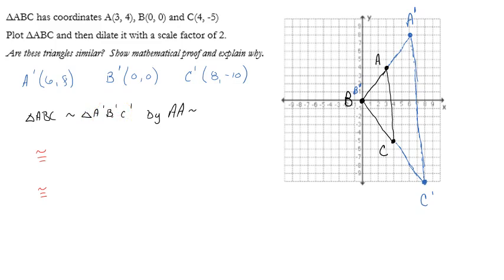One of those angle pairs is relatively easy if we can recognize it, and that's they both have this angle, angle B or angle B prime. So I like to state that angle B is congruent to angle B prime and state why. Just like in our proof unit, we have to understand why that's true, by the reflexive property. They are the exact same angle from one triangle to the other.